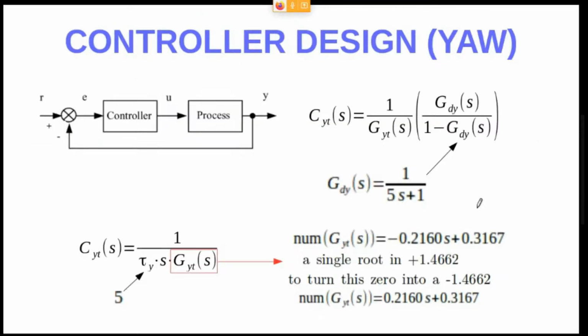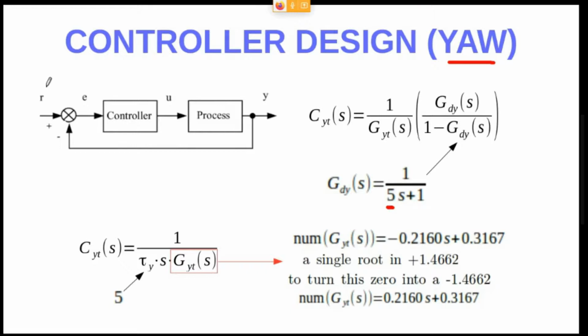Now we're going to design the controller for the yaw angle. Remember that the time constant for the performance of this control system is 5 seconds in here, and this formula is what we call the direct synthesis, right? Because we have this controlled loop.